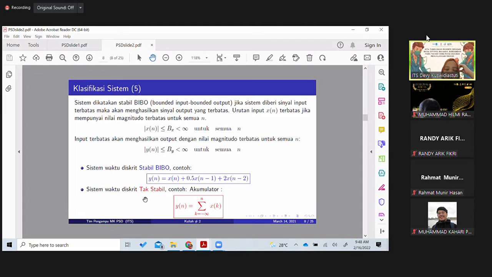That's why this system is an example of a non-stable system.